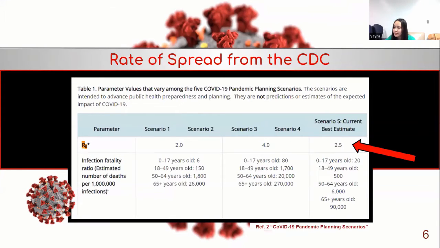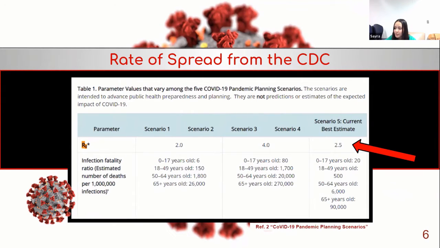So the basic reproductive number R0 represents the initial rate of spread for a disease where no one is immune and there are no preventative measures being taken, and it depends on the growth rate of an outbreak. The current estimate for R0 for COVID is considered to be 2.5, as shown in this table from the CDC. There have been a lot of estimates of COVID's R0, from about 2 to about 6.